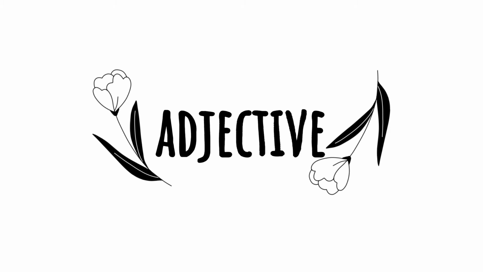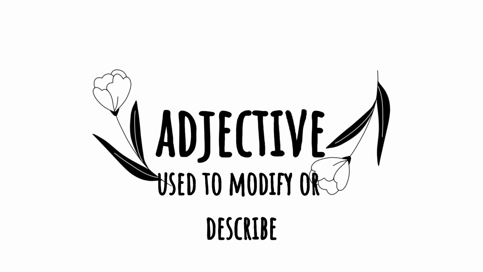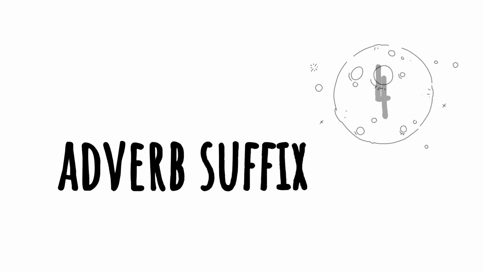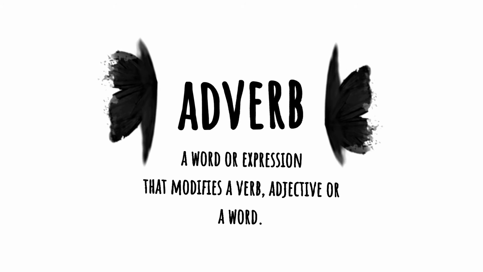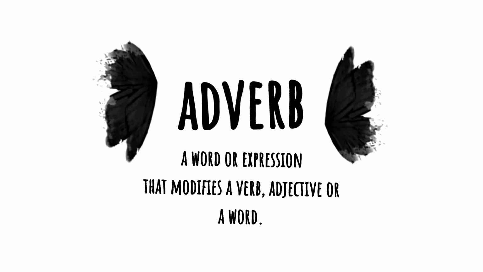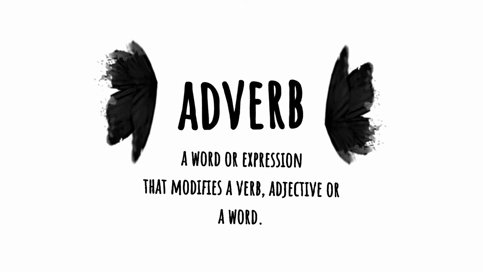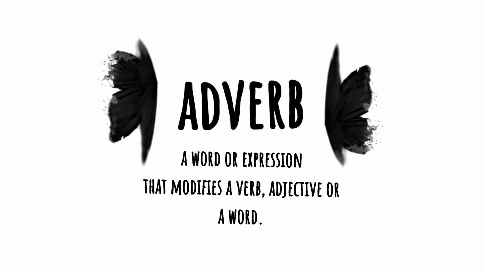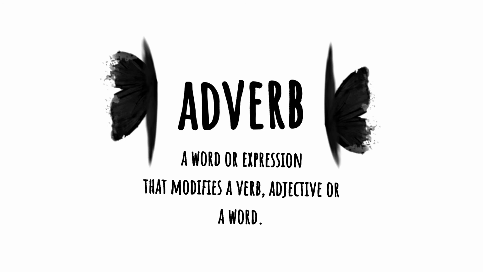The third type of suffix is adjective, which is a phrase or attribute that is grammatically related to a noun and is used to modify or describe it. Finally, an adverb is a word or expression that modifies a verb, an adjective, another adverb, or a word group to express a relationship of place, time, manner, and so on.